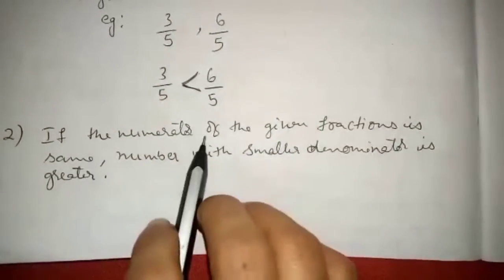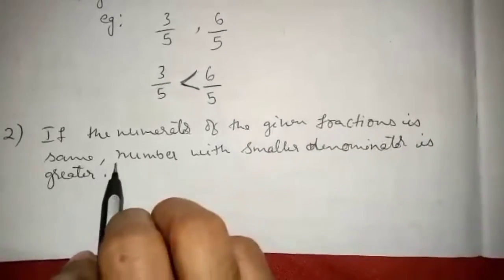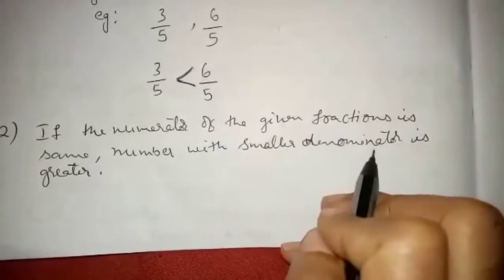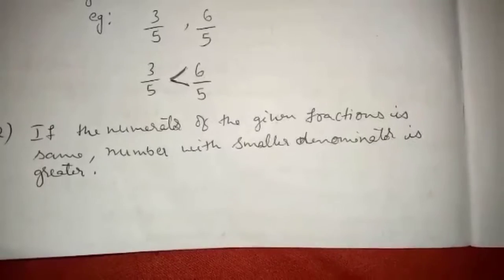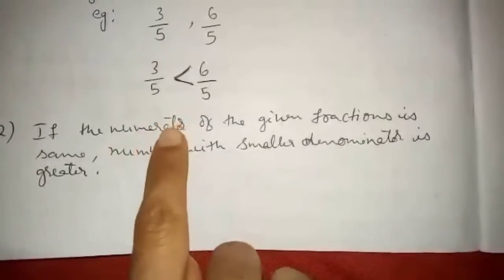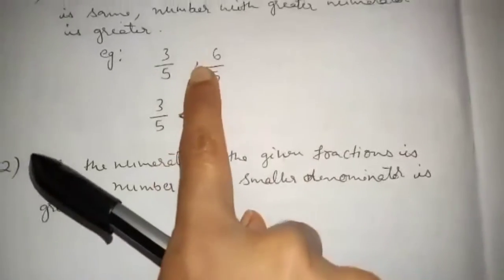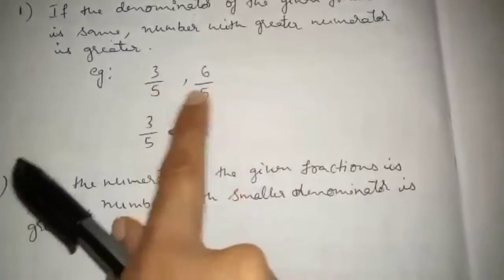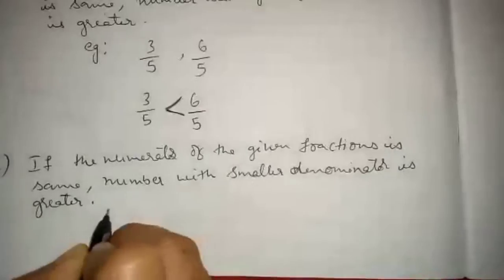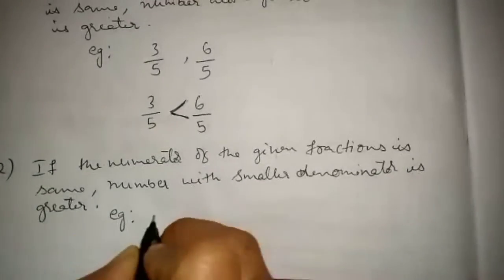Second rule, if the numerator of the given fractions is same, the number with smaller denominator is greater. So what the second rule says is, if you have same numbers in the numerator, then look at the denominator. Let me explain with one example.